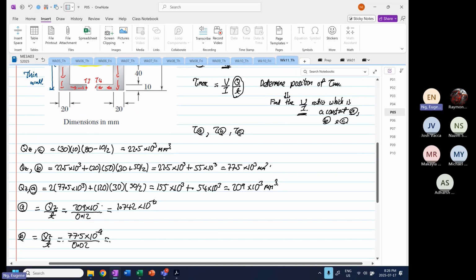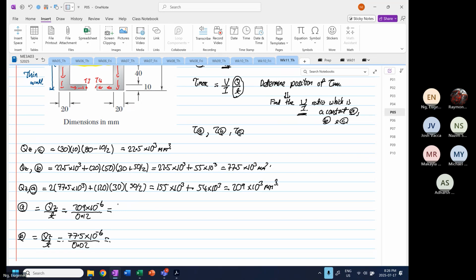I do apologize. This is 6. Okay, my conversion was wrong. That's why I look at it like this is way off. So it's 209 power minus 6 divided by 0.12 is equal to 1.741 times 10 to the power minus 3. 77.5 power minus 6 divided by 0.02 is equal to 3.875 times 10 to the power minus 3.